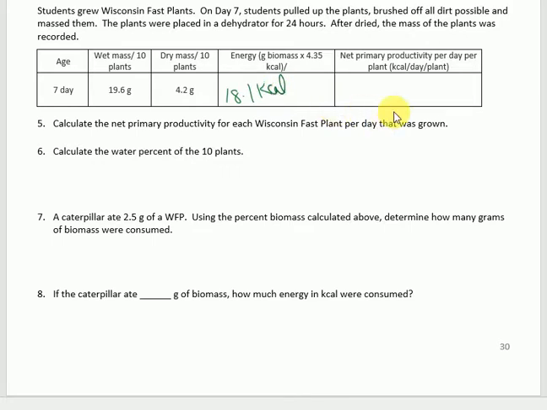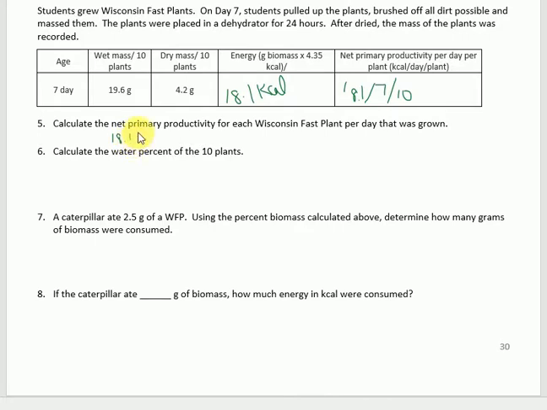Then the net primary productivity per day per plant. We know that it's 18.1. We know that we had 7 days and we had 10 plants. So we've got the 18.1.